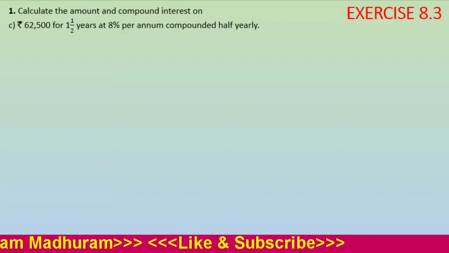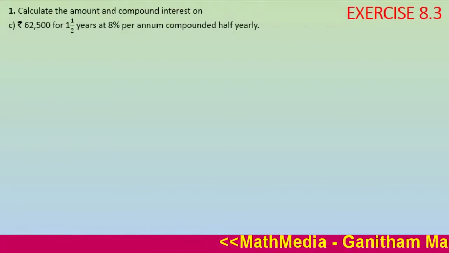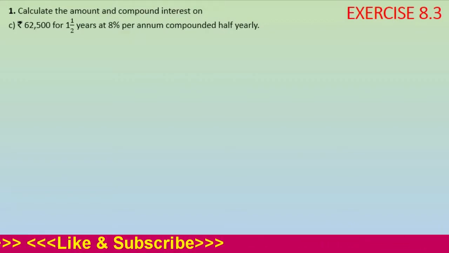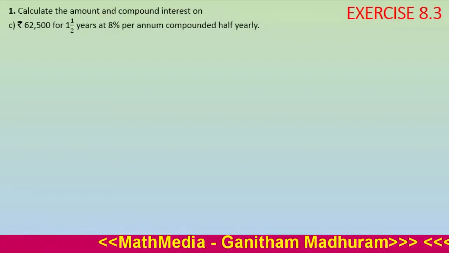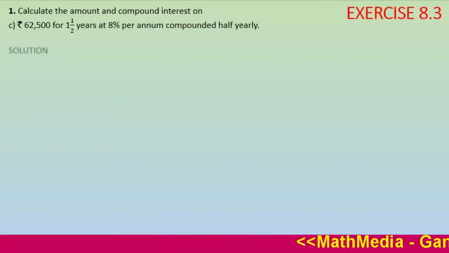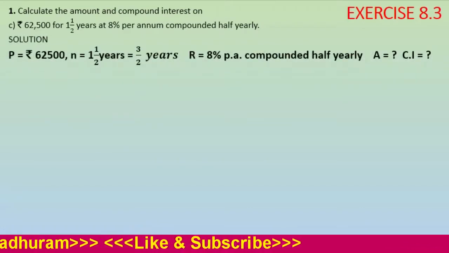That is nothing but 3/2 years. And 8% per annum means rate of interest R equal to 8% per annum compounded half yearly. We have to calculate amount A and compound interest, that we can write question mark.